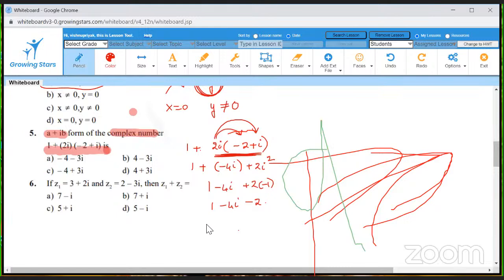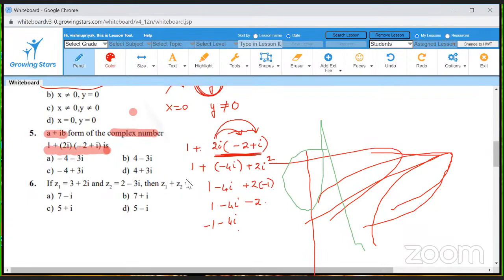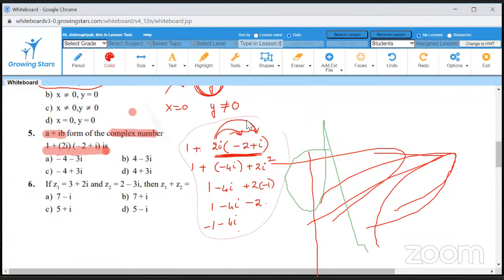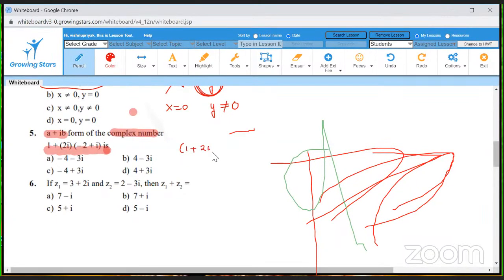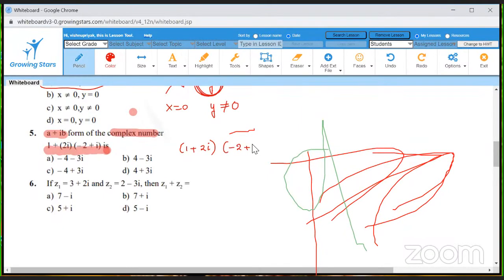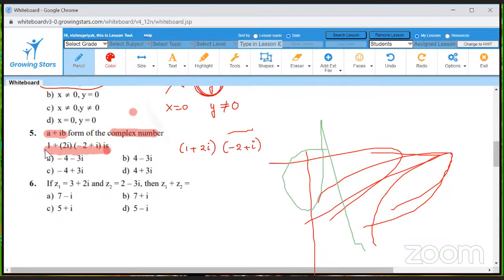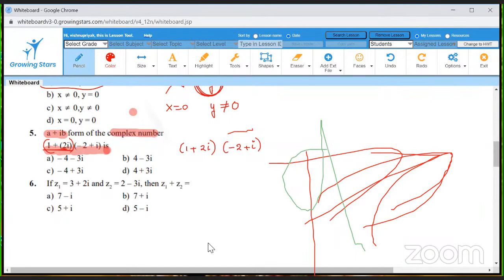So you are getting minus 1 minus 4i, which is not there in the options. So there is a mistake here. There is a mistake in the question. The question has to be 1 plus 2i entirely multiplied with minus 2 plus i. The whole 1 plus 2i, put it in brackets, has to be multiplied.